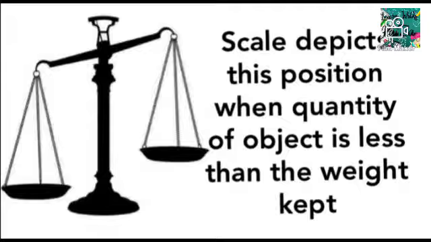So when 500 gram of standard weight is kept in the scale, that goes below, and a potato of quantity 300 gram is kept, what happens? Yes, this is what happens. Since the quantity of the potato is less than the weight kept, the scale depicts a position like this. And the other way around, in the previous diagram I told you that the scale depicts that position when the object is more than the weight kept. I guess you understood this clearly with the diagram.